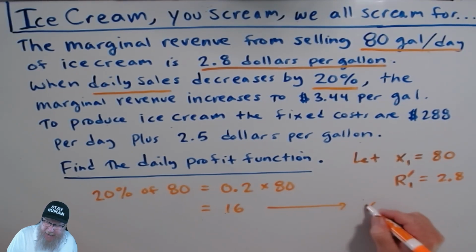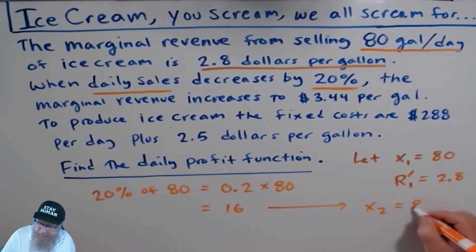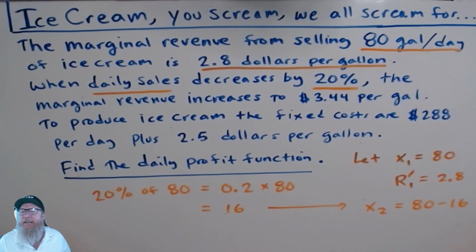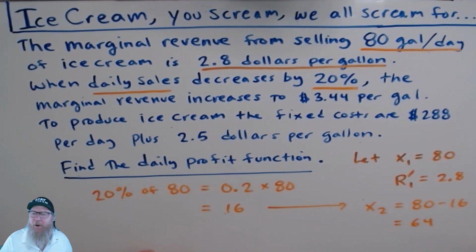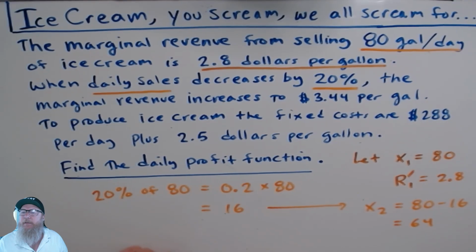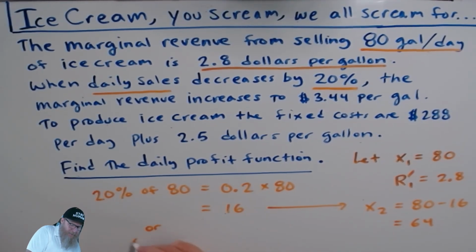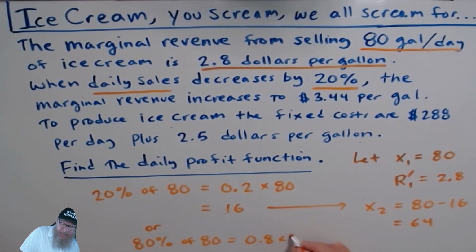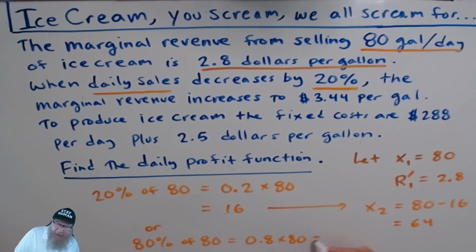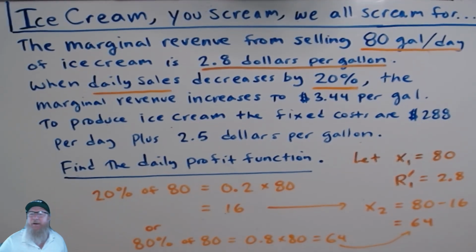That means X2 is 80 minus 16, and so that'll be 64 gallons. Another way to do this would be to just multiply 80% of 80, which would be 0.8 times 80, and that would automatically give you the 64 directly.